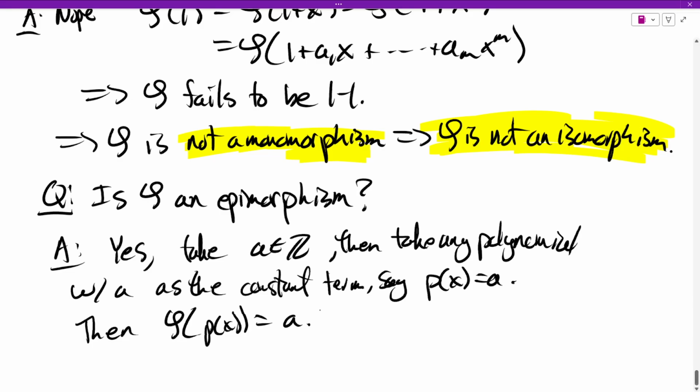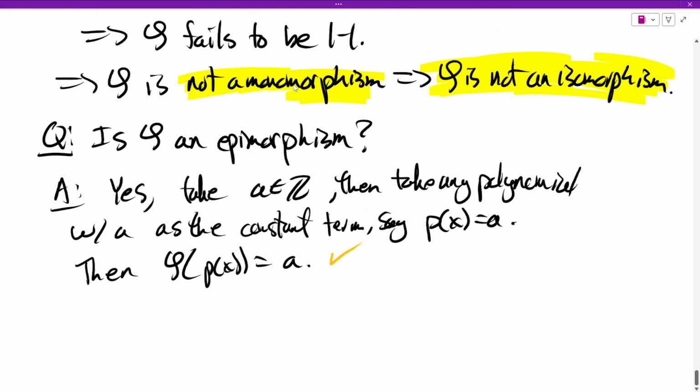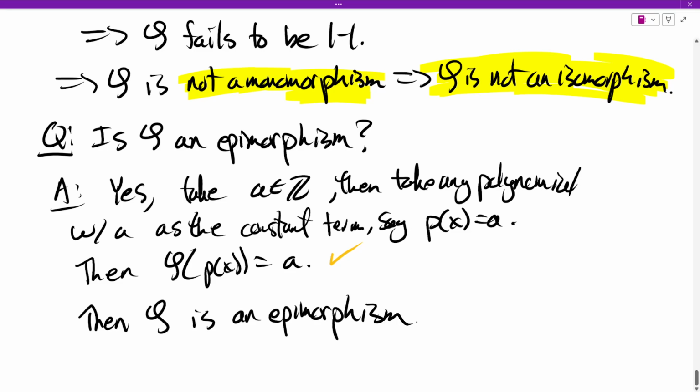So is it onto? Right, because the constant term is a. Phi is the pick off the constant term. So is it surjective? Yeah, it is. So this is telling us then that phi is an epimorphism. Let me write it. I know I've said yes, but let me write it out. There's something to be said about writing sentences out using new vocabulary. Is an epimorphism. Okay, so this is an example of a homomorphism, which is not a monomorphism, but is an epimorphism.